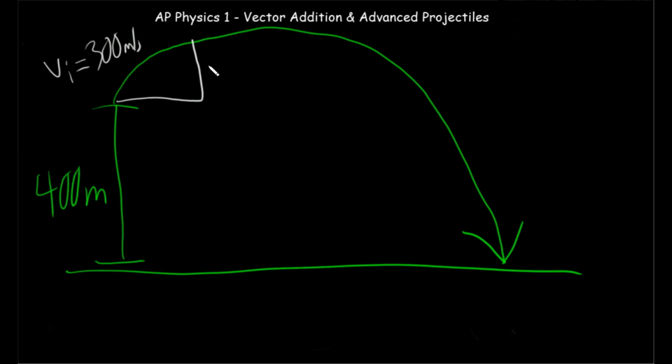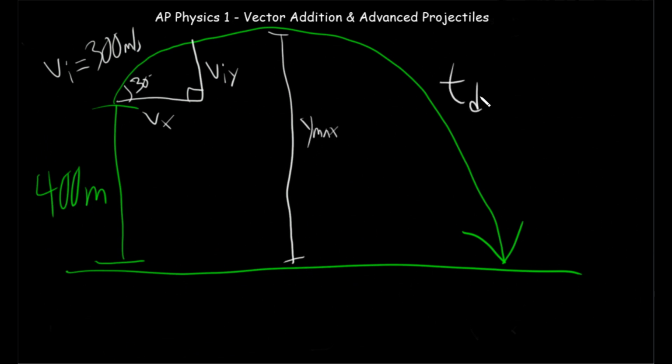We already know we have this, VIY, Vx, our angle, our right angle. Our angle, let's just say, is, why not, 30 degrees. Here's our Y max. The time down. Unlike in the previous situations, the time down and time up are not equal to each other. Because we're not starting from a flat surface and ending at the flat surface. There we have our displacement.